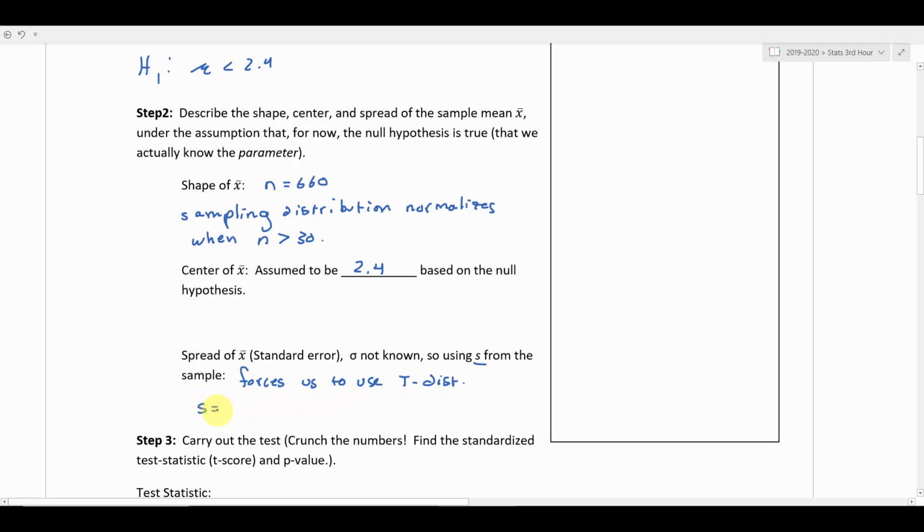And our sample standard deviation for this was 0.36. So we have to take that 0.36 and divide it by the square root of the sample size, which was 660. And when I do that, what I get is the standard error for our sampling distribution, which is 0.01.